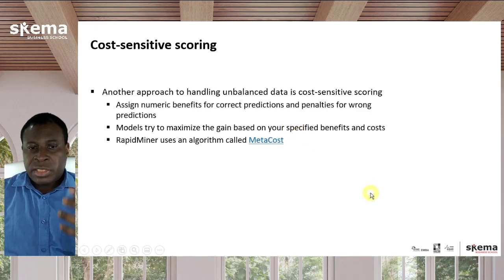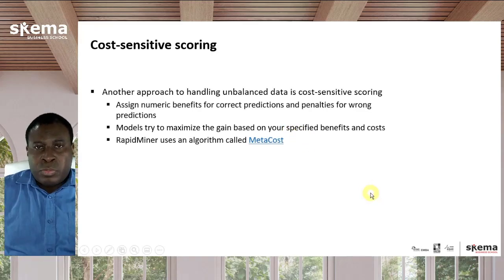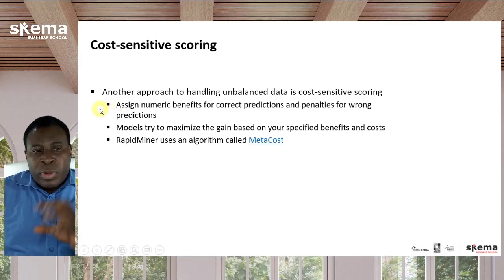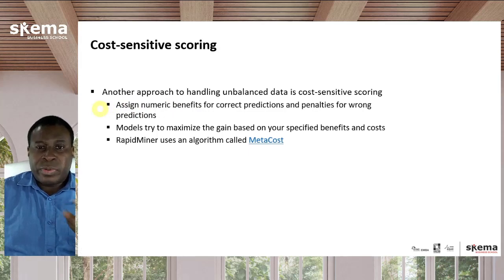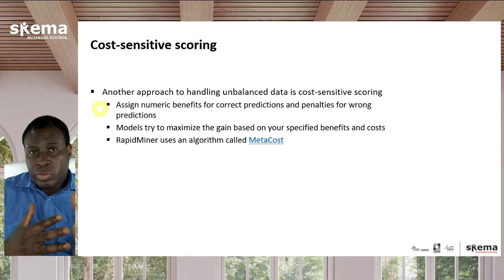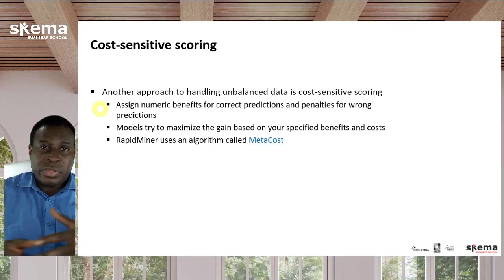So the challenge here is that we're dealing with imbalanced data, and one other approach to dealing with this is cost-sensitive scoring. What this does is that it assigns numeric benefits for correct predictions and penalties. In other words, if you get it right, you get bonus points, and if you get it wrong, you get malus points or negative points.